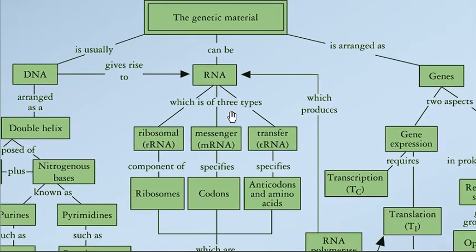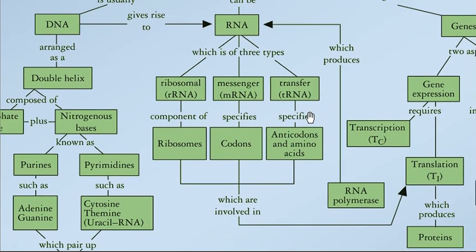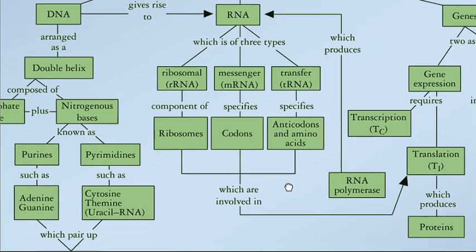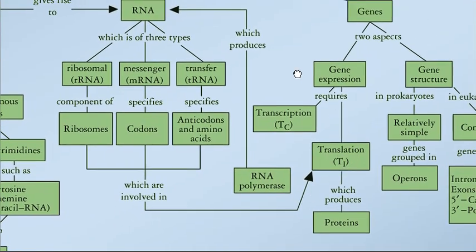In RNA, which is of three types, rRNA or ribosomal RNA, messenger RNA or mRNA, and transfer RNA or tRNA: rRNA forms components of ribosomes, messenger RNA carries codons, and tRNA carries anticodons and amino acids, which are involved in translation.